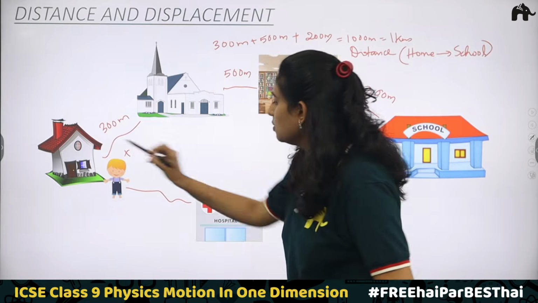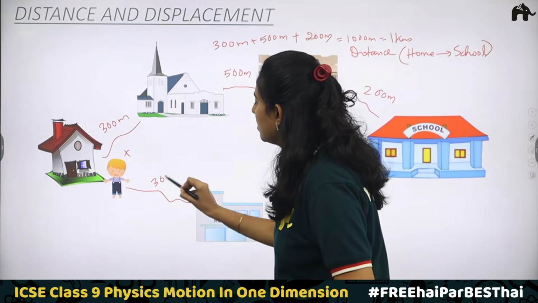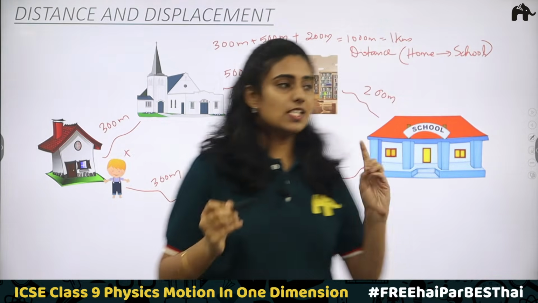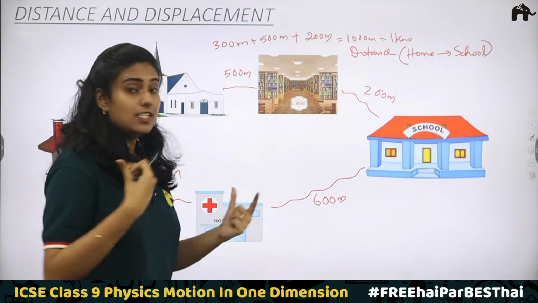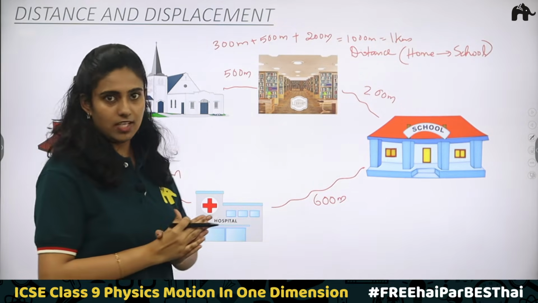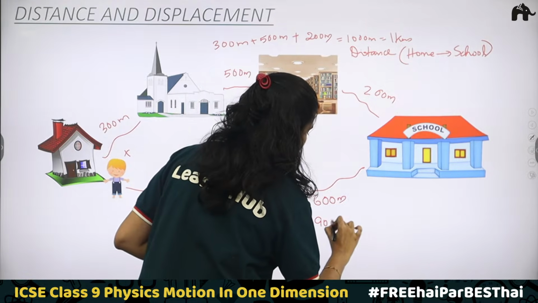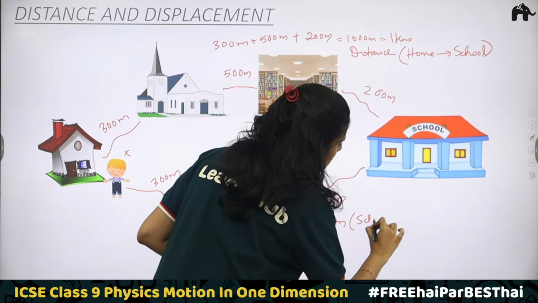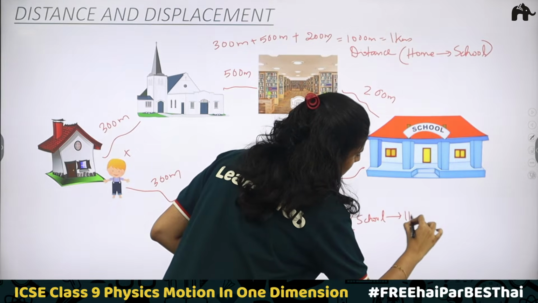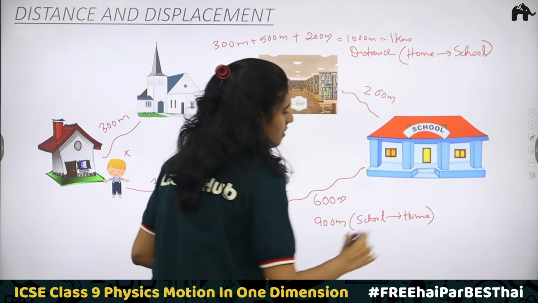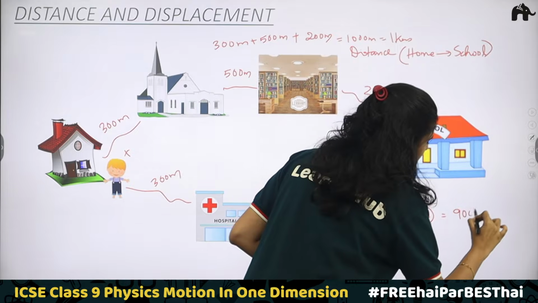And from hospital to home the distance is, let's say, 300 meters. Okay, so 600 plus 300 is the distance that he's travelled in the evening. So here we get 900 meters. So from school to home, he travels a distance of 900 meters.